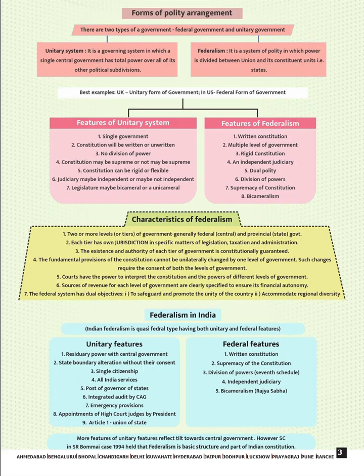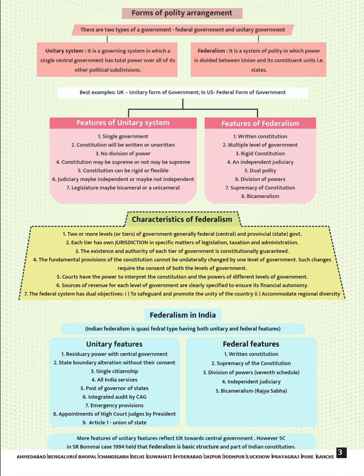And fourth is independent judiciary. Fifth is the post of governor of the states, a unitary feature. And in unitary features, an integrated audit by the Comptroller and Auditor General. Unitary features also include emergency provisions, and appointment of high court judges by the President. In unitary features, Article 1, union of states.